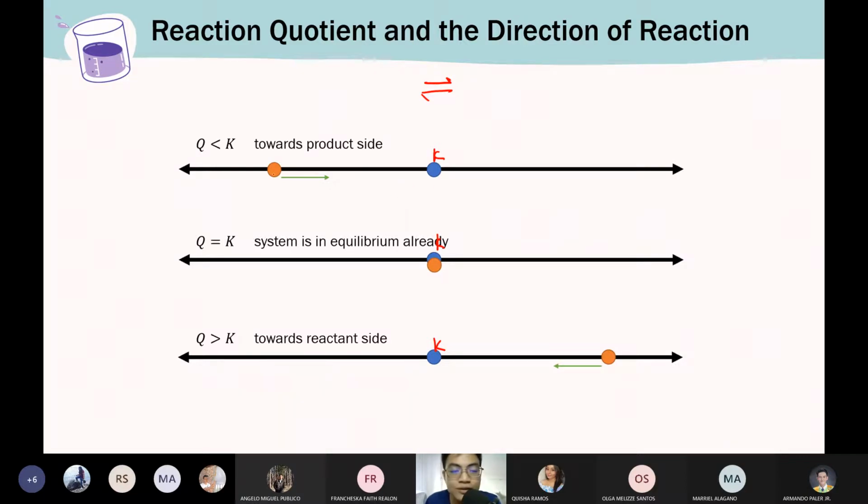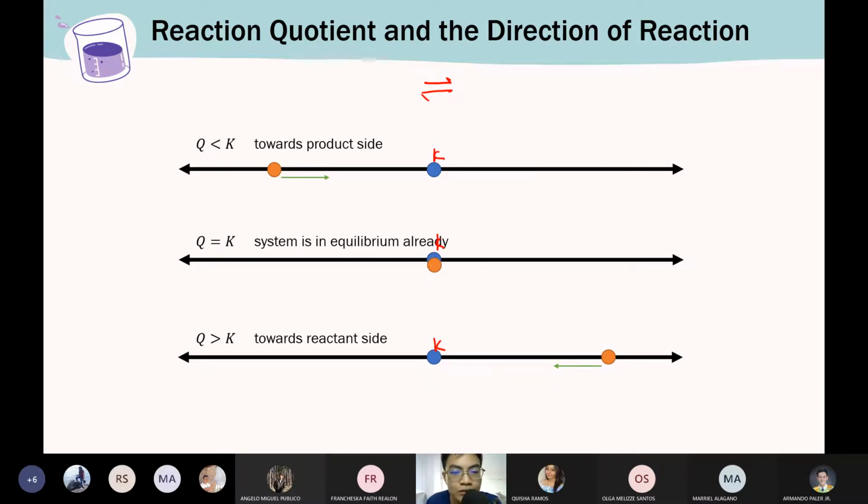And your Q is your initial state na. So since Q is less than K, ibig sabihin, in a number line, you are on the left of K. No? Number line yan ha. So kapag mas maliit yung Q mo kaysa K, nasa left siya. And you wanna go to K, meaning the direction of the reaction is where? To the right, no? Kasi if you go to the right, you will meet K.